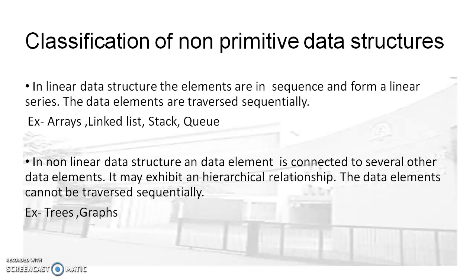Whereas in case of non-linear data structure, a data element is connected to several other data elements. So it may have a hierarchical relationship. As such, there is no sequence in the data elements. The data elements so cannot be traversed in a sequential order. The examples of non-linear data structures are trees and graphs.